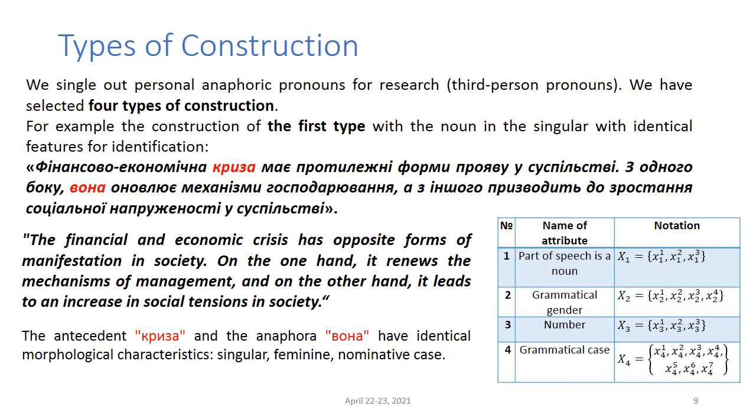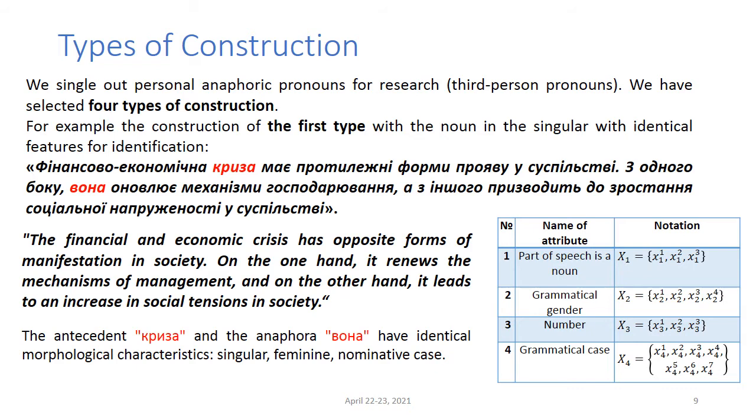On the slide, you can see the example of the first type. The financial and economical crisis has opposite forms of manifestation in society. On the one hand, it renews the mechanism of management, and on the other hand, it leads to an increase in social tensions in society.